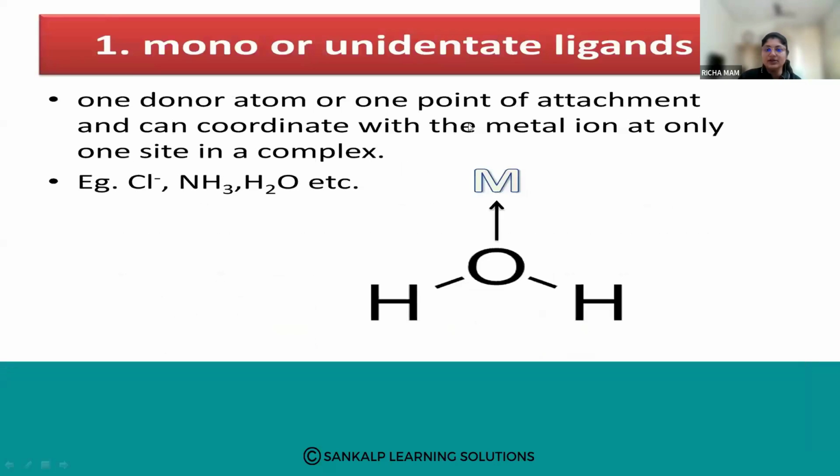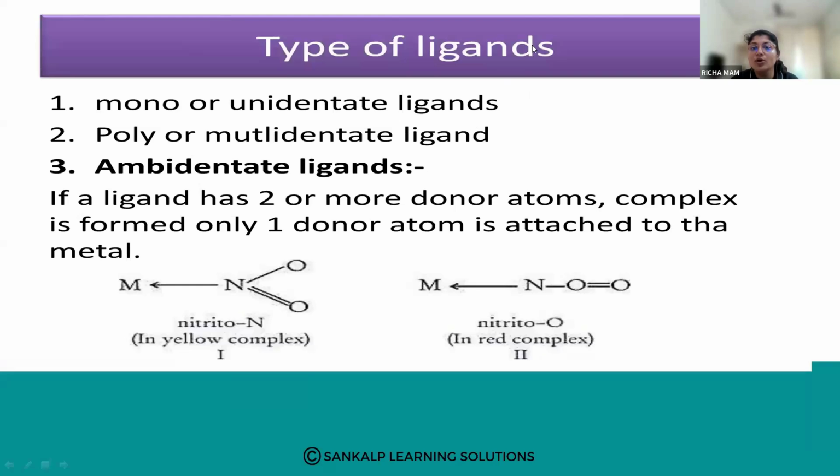So in the same particular molecule you have two or more donor atoms. Which were the examples we have discussed? Cyanide group. In cyanide, it can link from carbon, and it can link from nitrogen also. Then we discussed the thiocyanate group. It can link from the sulfur as well as from the nitrogen.